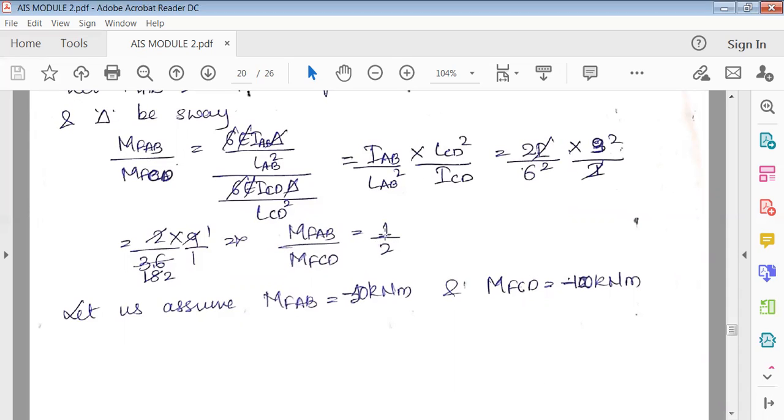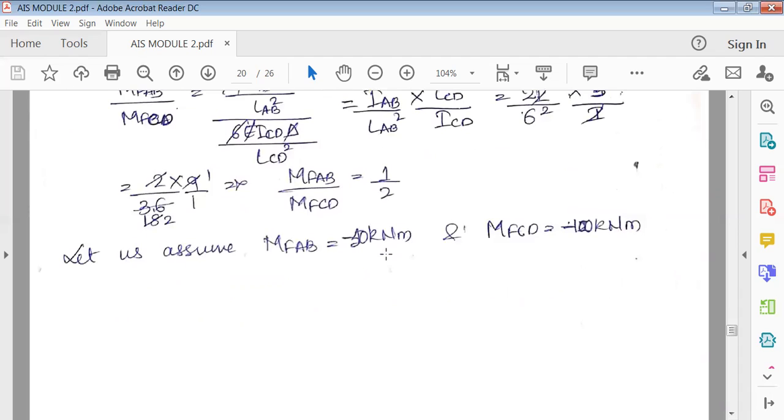Now this 1 and 2, you can take as MFAB 1 kilonewton meter and MFCD as 2 kilonewton meter. But when you do balancing and carryover in the moment distribution table, if you take 1 as the small value, this 1 kilonewton will distribute very fast and you end up with very few steps.